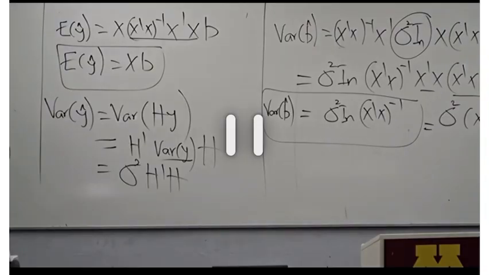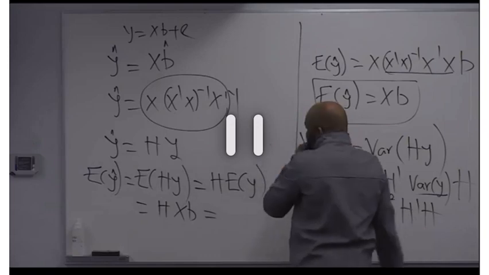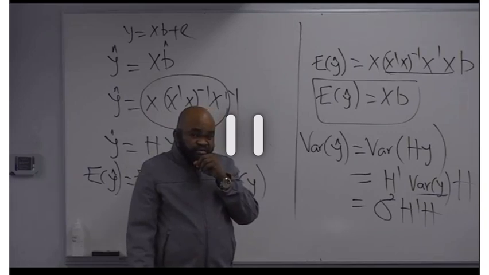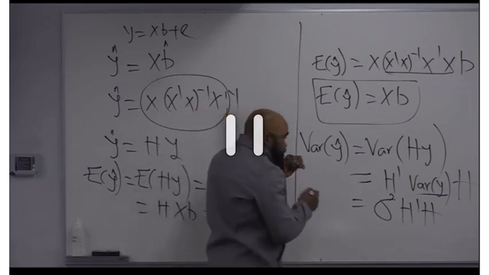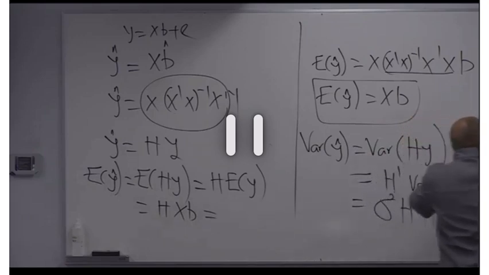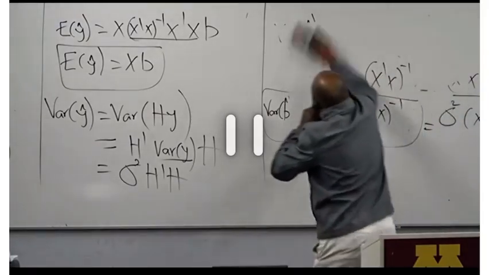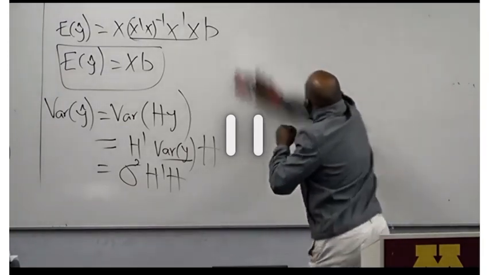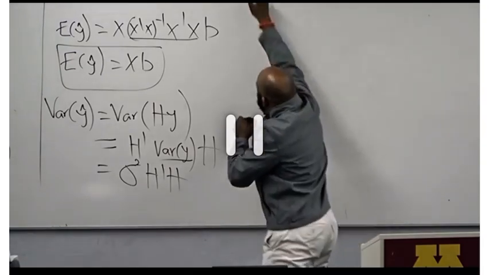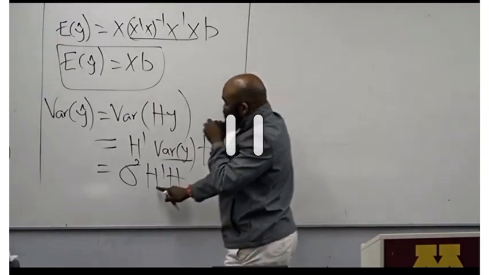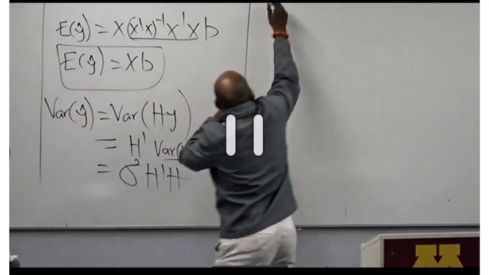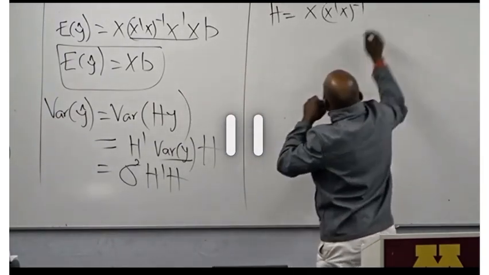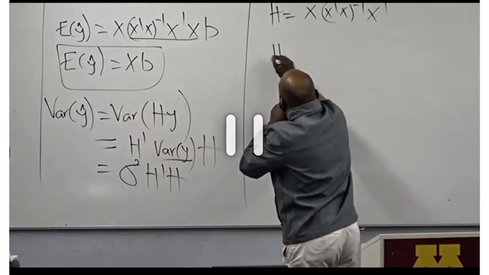Do you know what I want you to do? The transpose of H multiplied by H is actually going to be H. It's idempotent. That's what we call idempotent. So if you want to investigate this guy, let's investigate this multiplied by that. What is H? H is this. What is H transpose?